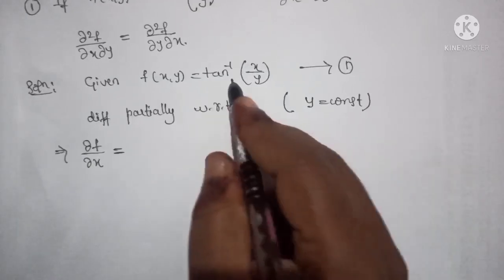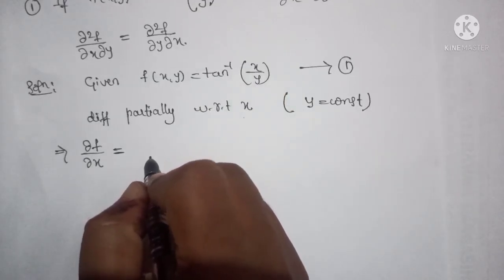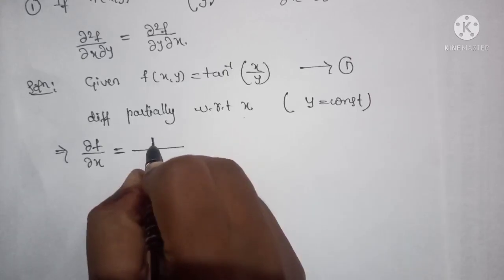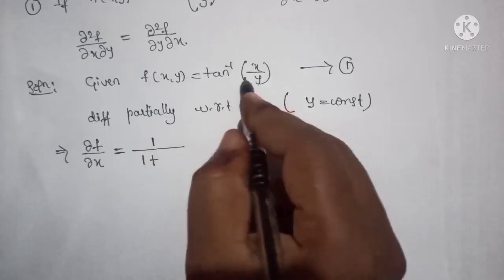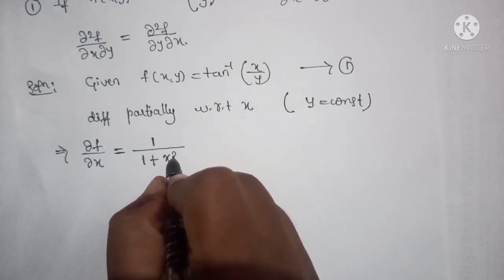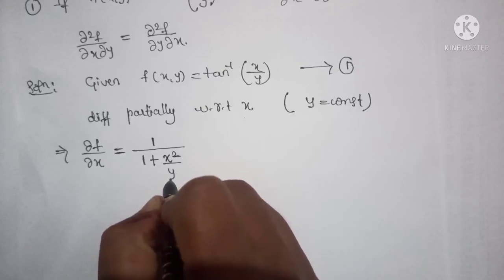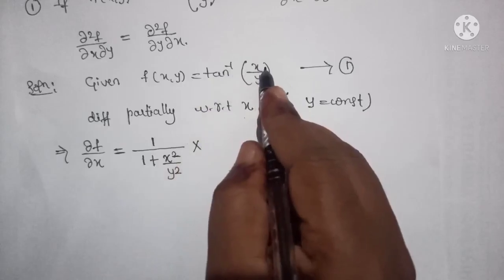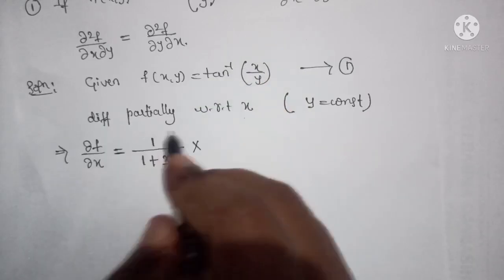We know that tan inverse x differentiation is 1 divided by 1 plus x square, therefore we write 1 divided by 1 plus, in the place of x we have x by y, so x square by y square, into the differentiation of this x by y with respect to x only.